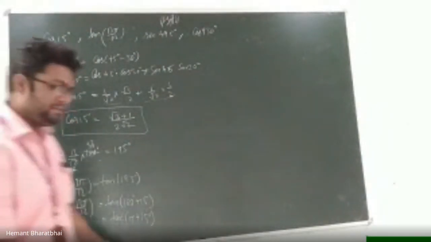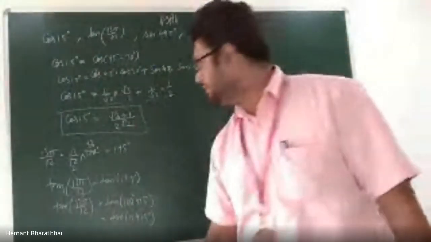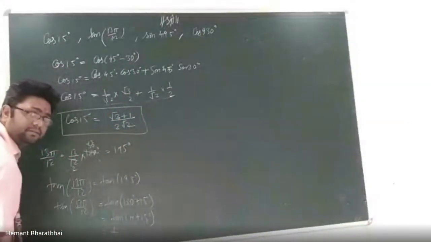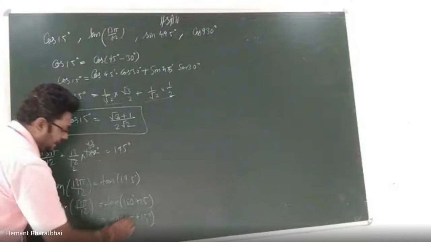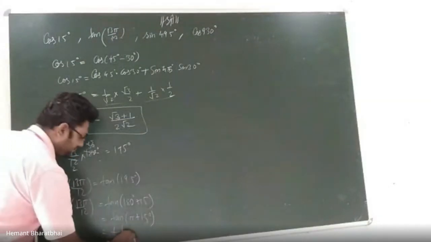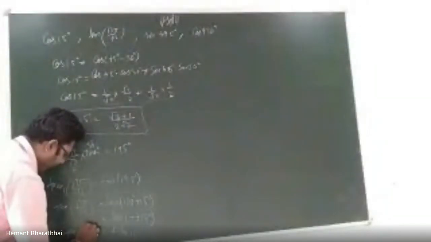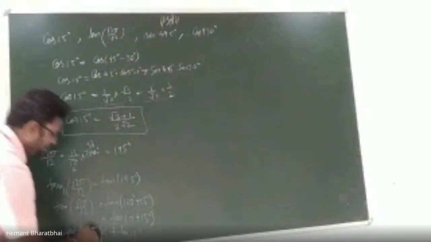If you remember, we have written a formula whenever it is pi plus minus theta ratio. When you do pi plus theta, it goes in the third quadrant. In the third quadrant, my tan is positive, and therefore this will be positive. And tan of pi plus theta will give me tan theta, so that will be tan of 15 degrees. Therefore, tan of 13 pi by 12 is equal to tan of 15 degrees.